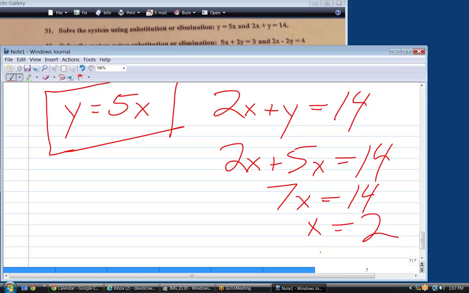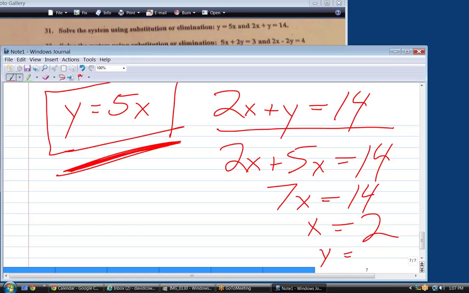You plug 2 in. So you get 4 plus y equals 14. So y would equal 10. First of all, plug it into the simplest equation to solve for y. If I plug the value for x in, is it easier to solve here or is it easier to solve over here?